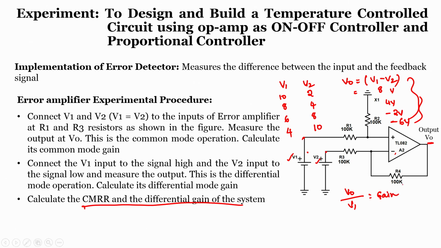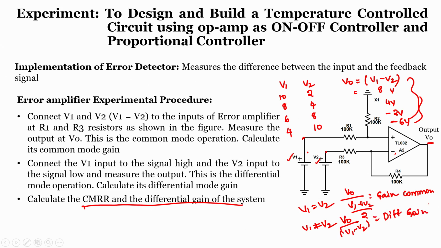When we connect the same signals, V1 plus V2 by 2 gives the common mode gain, because at this point V1 is equal to V2. Then we take different values of V1 and V2, calculate the output and divide by V1 minus V2. This is our differential gain.